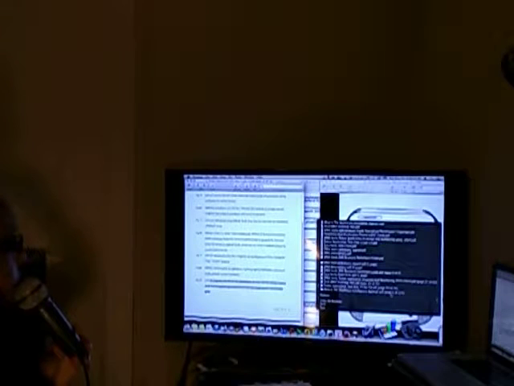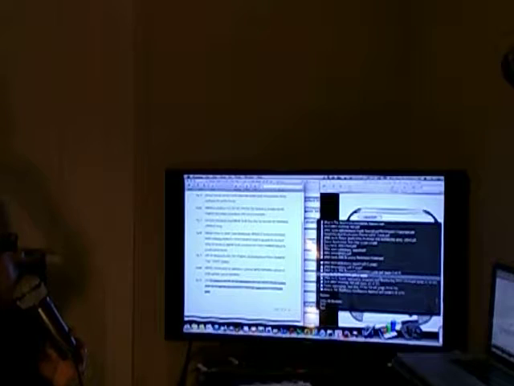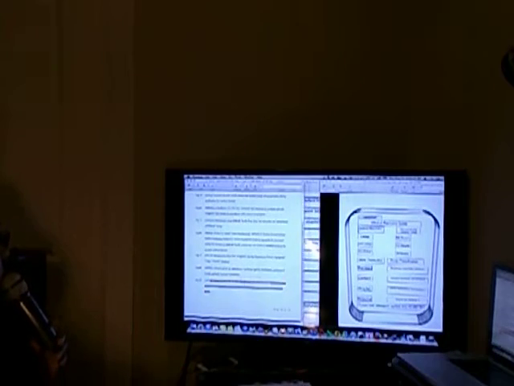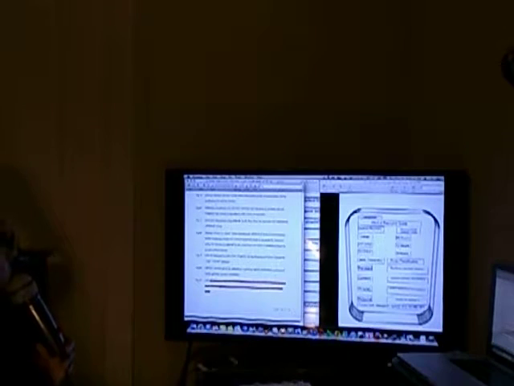So if we go to our zone precautions, here we see the zone precaution and the zone classifications.